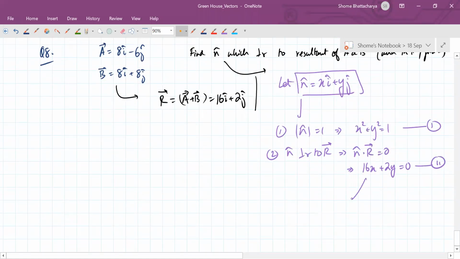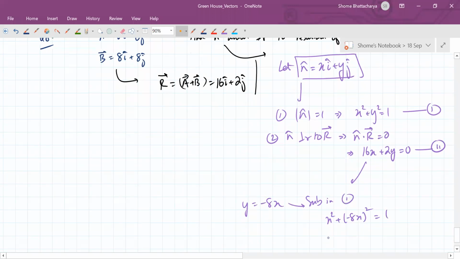From this, y is equal to minus 8x. Substitute in equation 1. So x square plus minus 8x square should be equal to 1. So 1 plus 64 x square should be equal to 1.